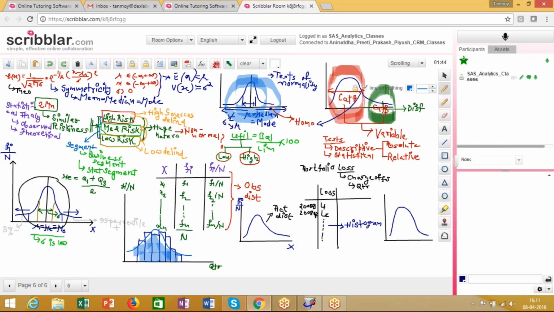Now, if this lies below this, then the next thing we can say is that a large part of this distribution is covered, falls under the theoretical curve. Hence, my conclusion is that this distribution is normally distributed.